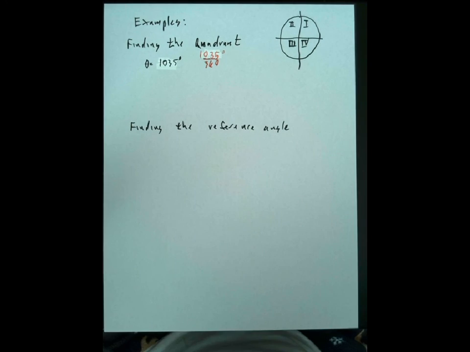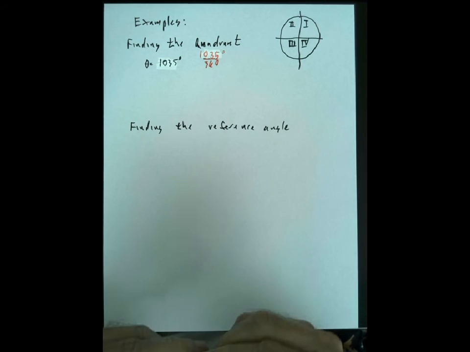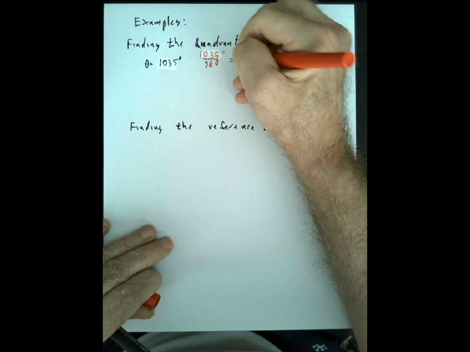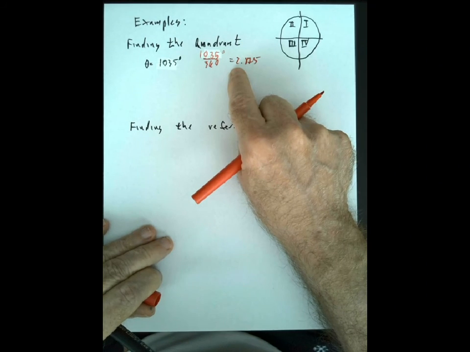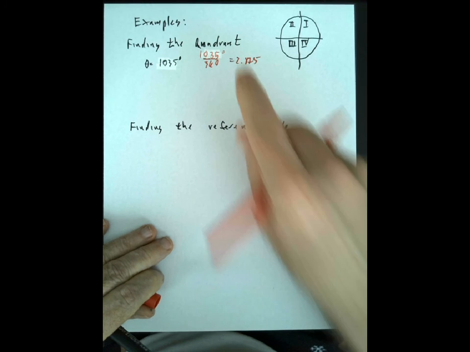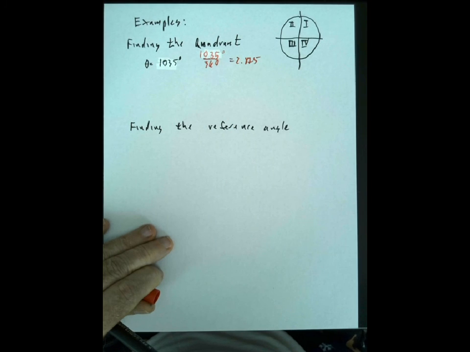According to Mr. Calculator, 1035 divided by 360 is 2.875. That means there are 2 extra rotations. So 2 times 360, that's 720.